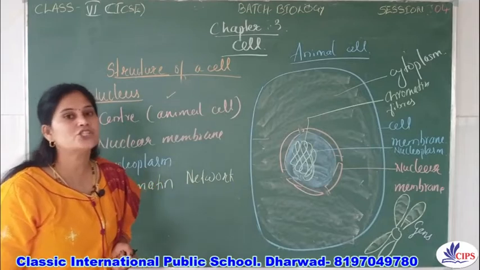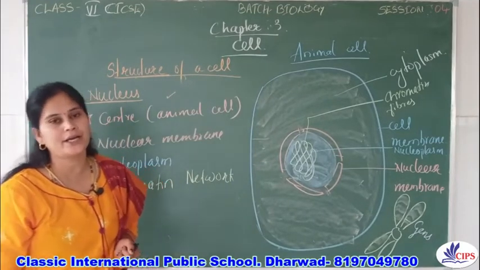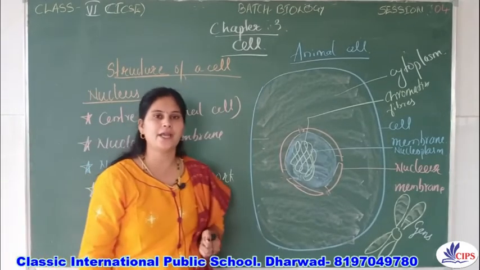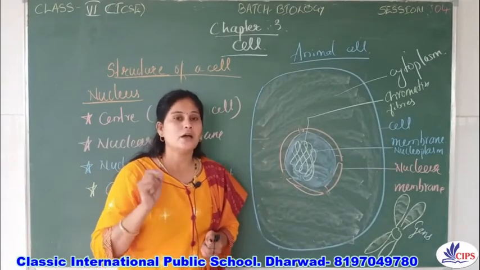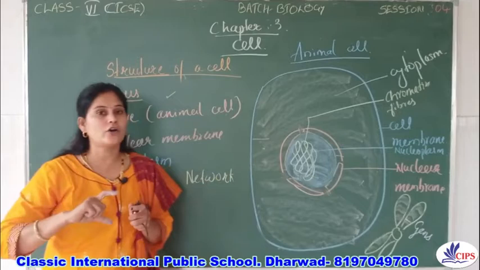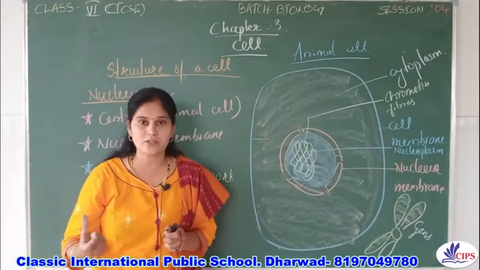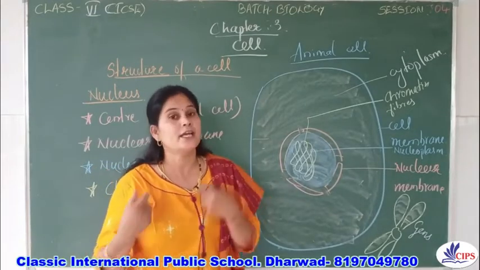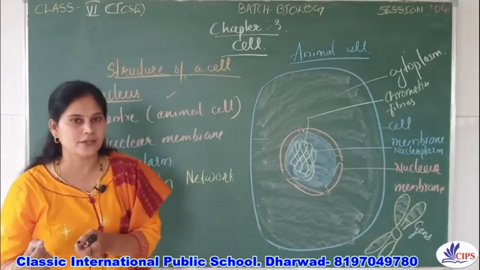These are the genetic material like DNA and RNA. So these DNA and RNA are genetic material which are responsible for transmitting the hereditary characters from the parents to the offspring. It means that from parents to the children, right?